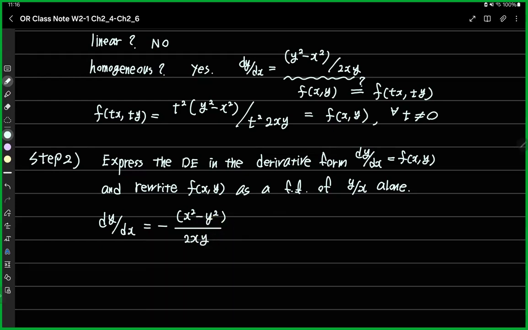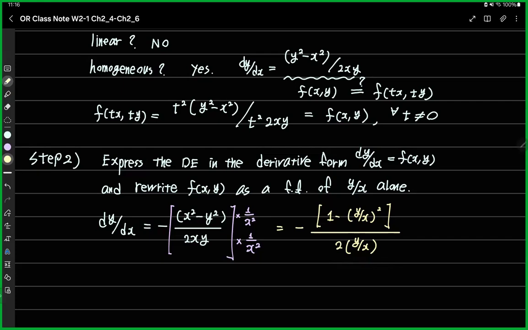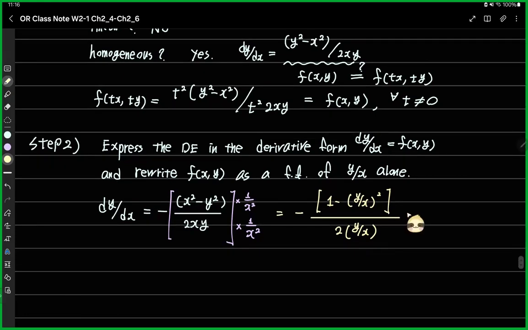So then we get minus (1 minus (y over x) squared) over 2 times y over x. See? So let's say this is a g of y over x.